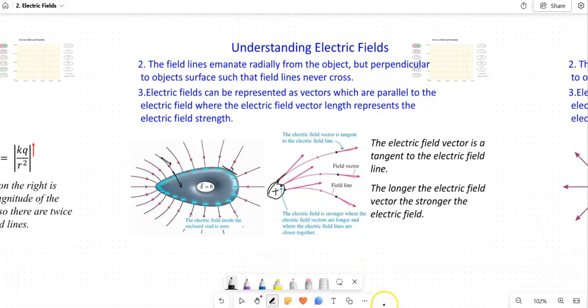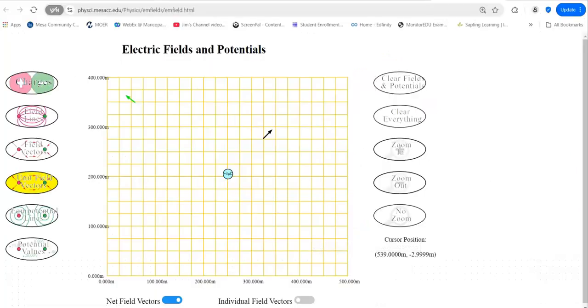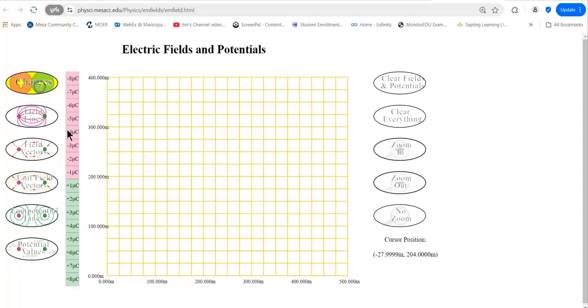So if we go back to our little simulation, I'm going to clear this. The only way I know how to clear it is just refresh it. Grab a little positive charge. I'm going to grab a 1 positive charge and put it right here.